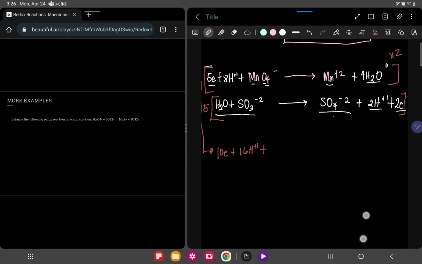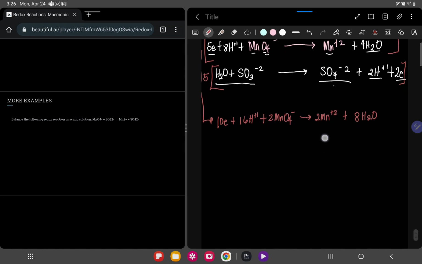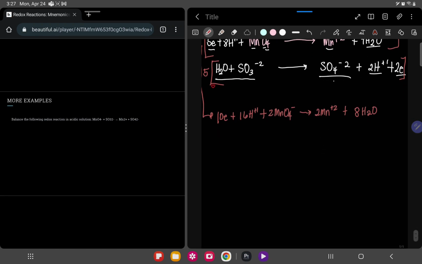It's a lot. And we have 2 permanganate negative charge, and we also have 2 manganese plus 8 water. And for the other side, we have to multiply everything by 5. That will be 5 H2O plus 5 SO3 and then 5 SO4 negative 2 plus 10 hydrogen plus 10 electron.